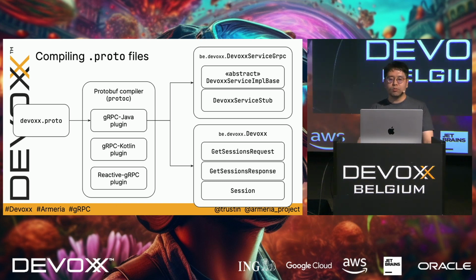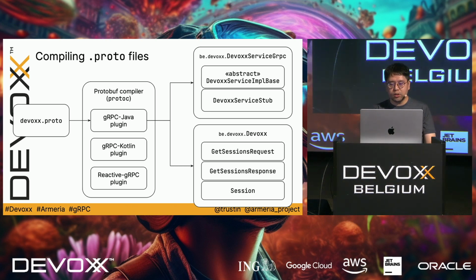And if your project is written in Kotlin, then you can use gRPC Kotlin plugin. And if you're using a reactive stack, then you can also use reactive gRPC plugin, which is an open source project from Salesforce. But in this talk, I'm gonna use the official gRPC Java plugin for simplicity. But you can choose whatever you want, really.